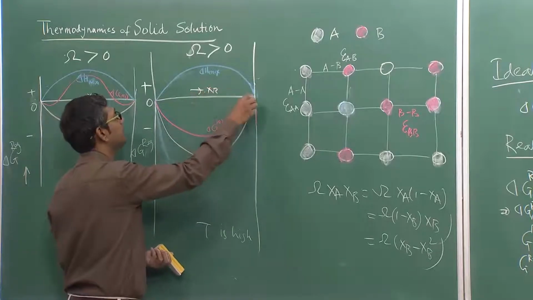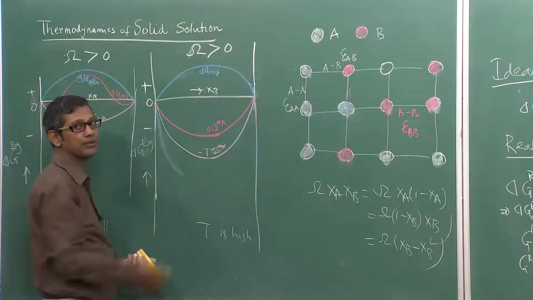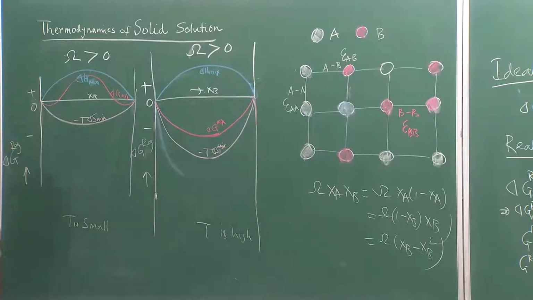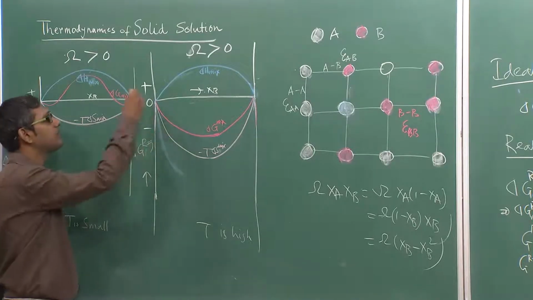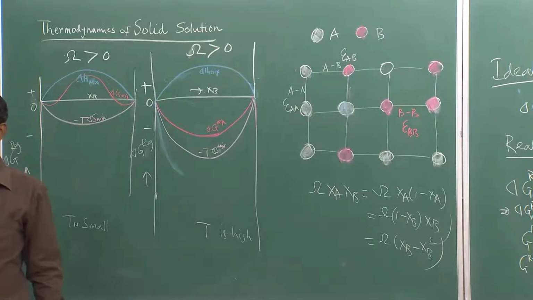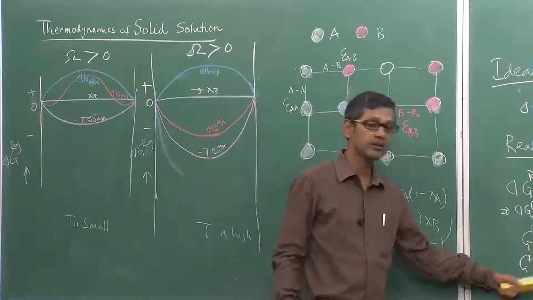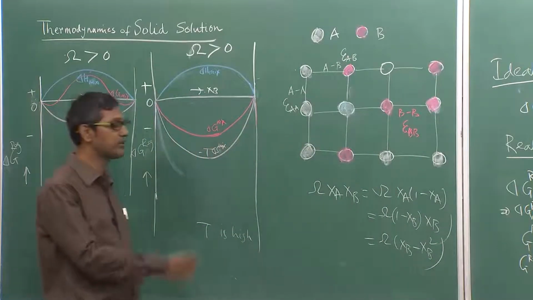So if Xp is 1 here, Xp is 0 here. By making pure A, I am reducing the Xp concentration. By making Xp concentration vanishingly small, I am making delta G mix very low, or actually making G of the solution higher.